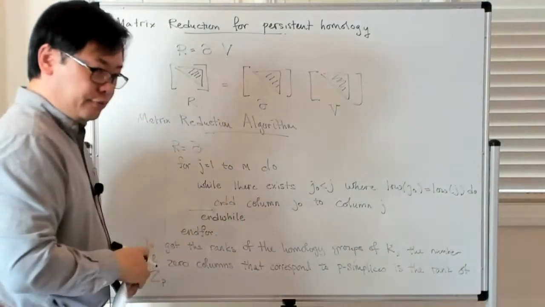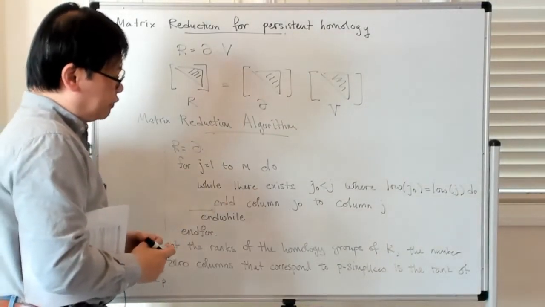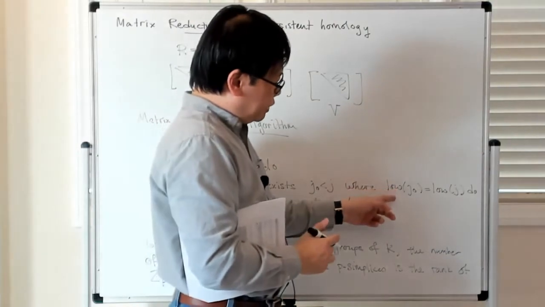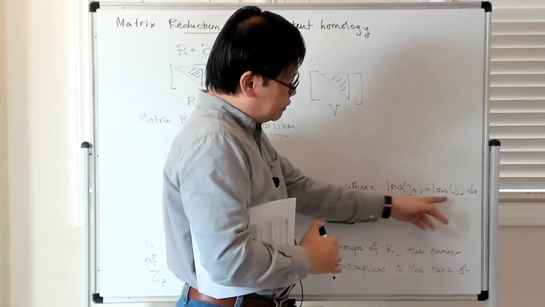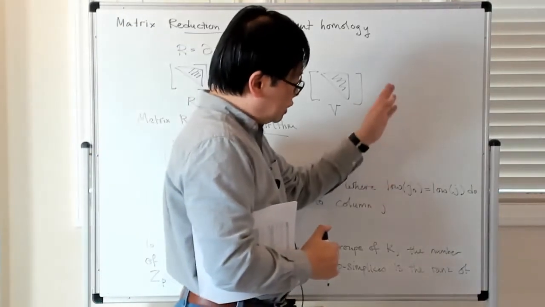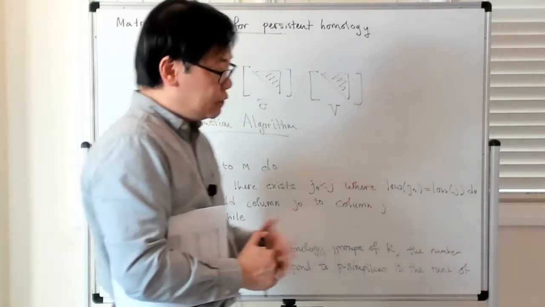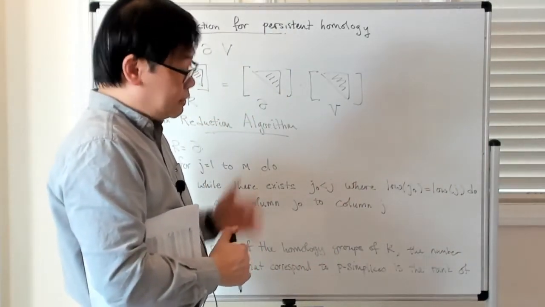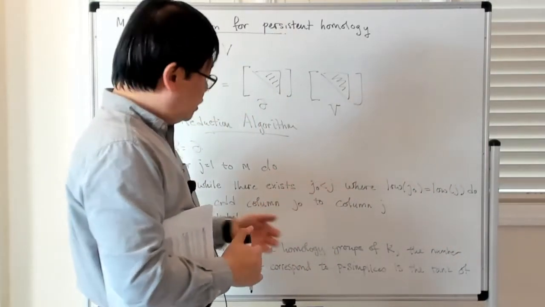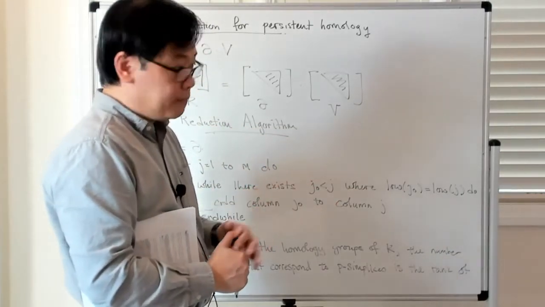That maybe is worth thinking about for a second. If you look at this algorithm, when I say that low(j0) is equal to low(j1), what that's really telling you is that column j0 and column j1 correspond to simplices, and then more generally, after a few iterations of this, chains which have the same dimension.